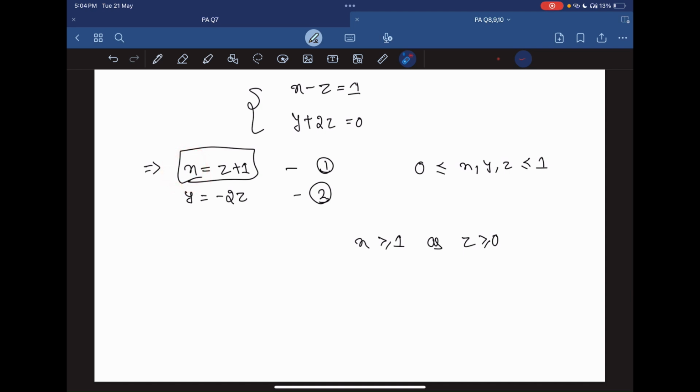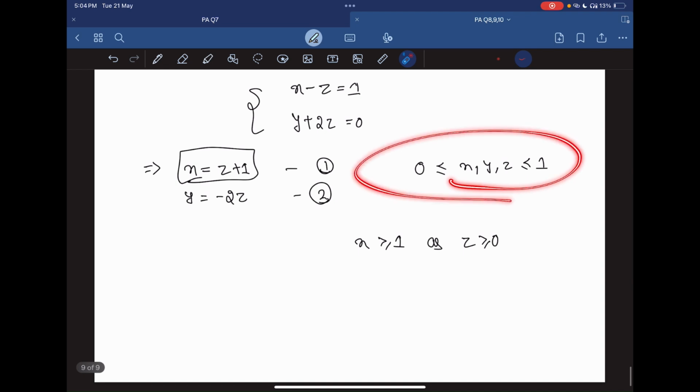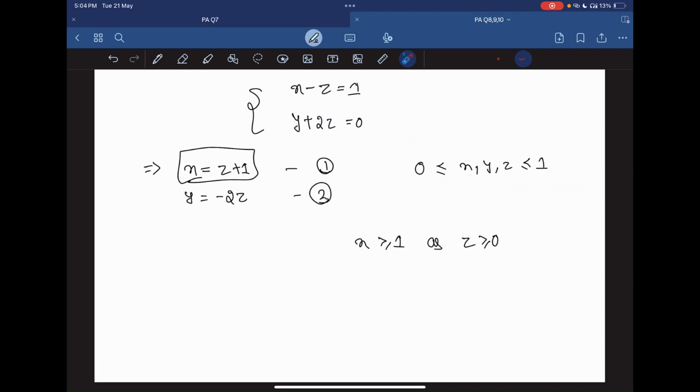But we also have to make sure that x, y and z lie between 0 and 1, so x is less than or equal to 1 and z also lies between 0 and 1.